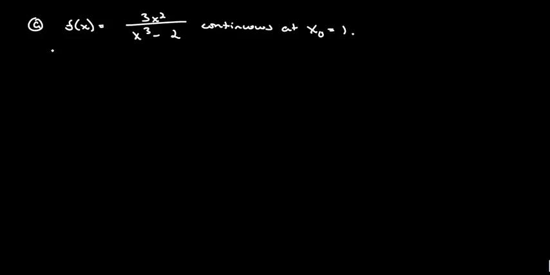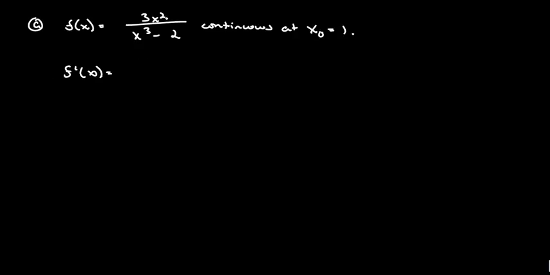So we're going to evaluate the derivative at 1. And if the derivative exists at 1, then it's continuous at 1. So watch. Let's just get f prime of x.